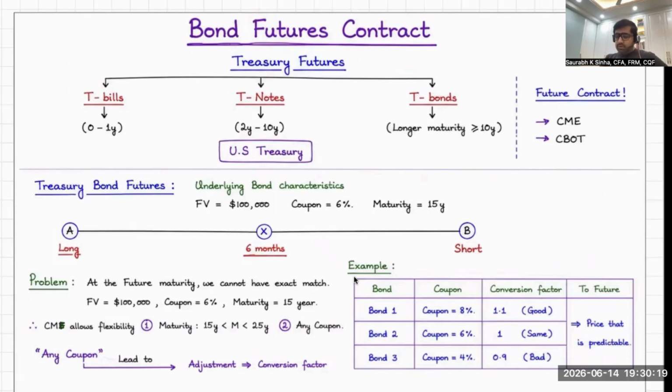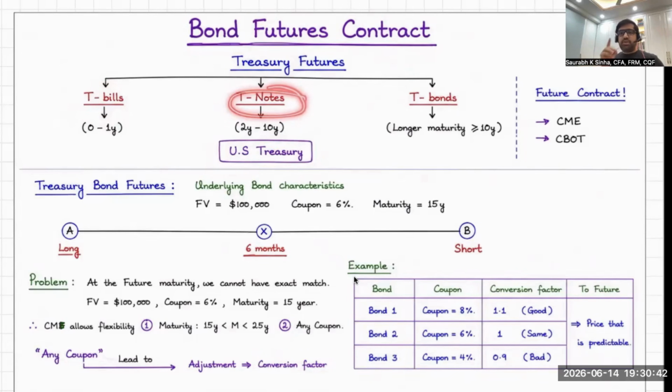So we are talking about a future contract that is written on a bond, but whose bonds? US Treasury bonds, which are called T bonds. So US Treasury issues three different kinds of fixed income instrument. Number one is T bills, which have a maturity between 1 month to 1 year.